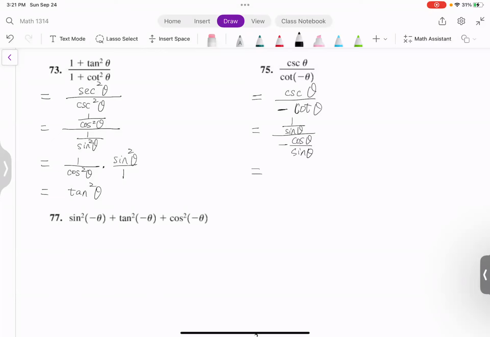Use the KCF, 1 over sine theta. And then, so you can move the negative sign in front because positive over negative is negative. Multiply by sine over cosine. I'm having negative 1 over cosine. What is 1 over cosine? It's secant, so we have negative secant theta.